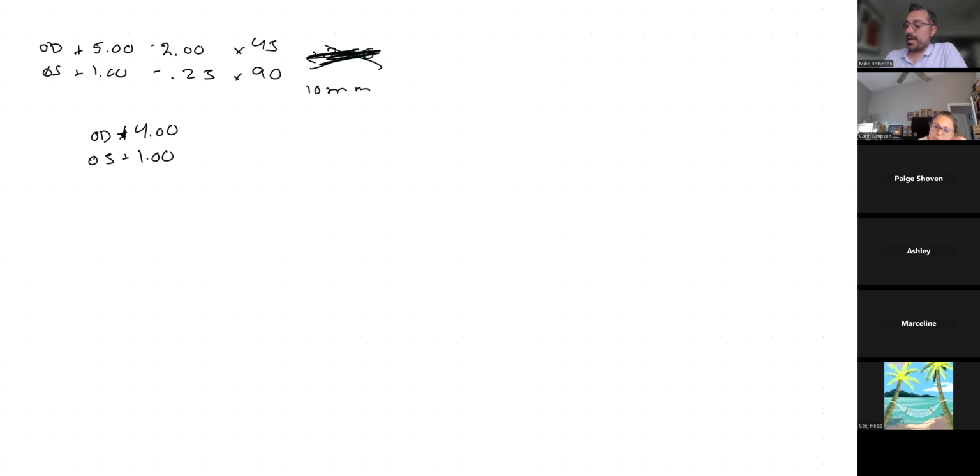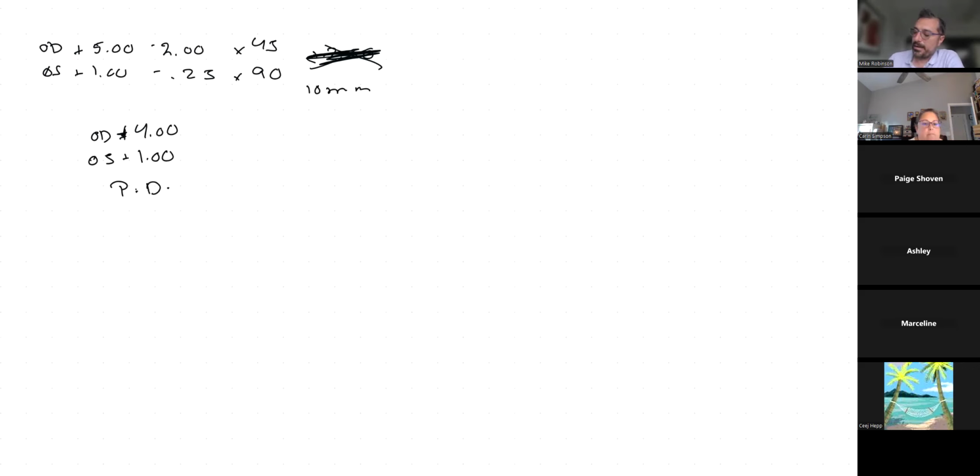So now we determine how much slab-off we need to add. Again, it's 10 millimeters, so it is easy, but procedurally, I'm still going to go through the whole thing. The prism formula that I follow is power times centimeters. For 10 millimeters, we know that's 1 centimeter.